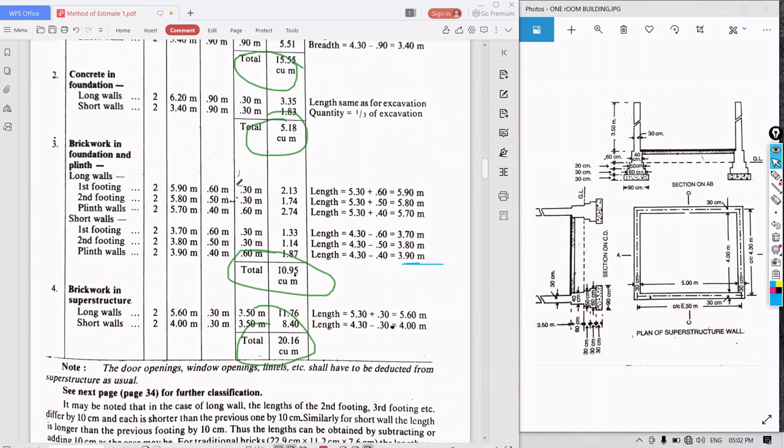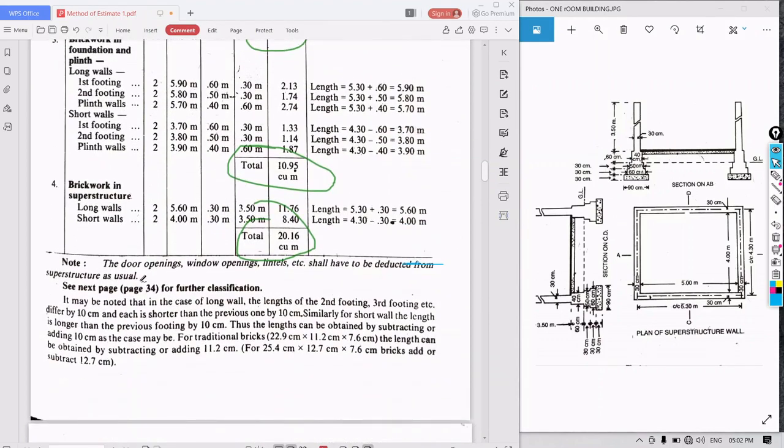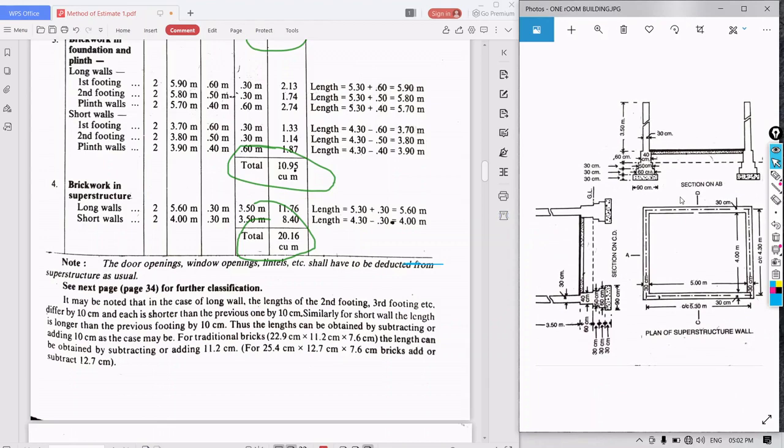This was a one room building. Note that the door opening, window opening, lintels, etc. shall have to be deducted from the superstructure as usual. If the lintels and doors are given, we need to deduct them, as usual when we are doing full building estimation. So this was the problem.